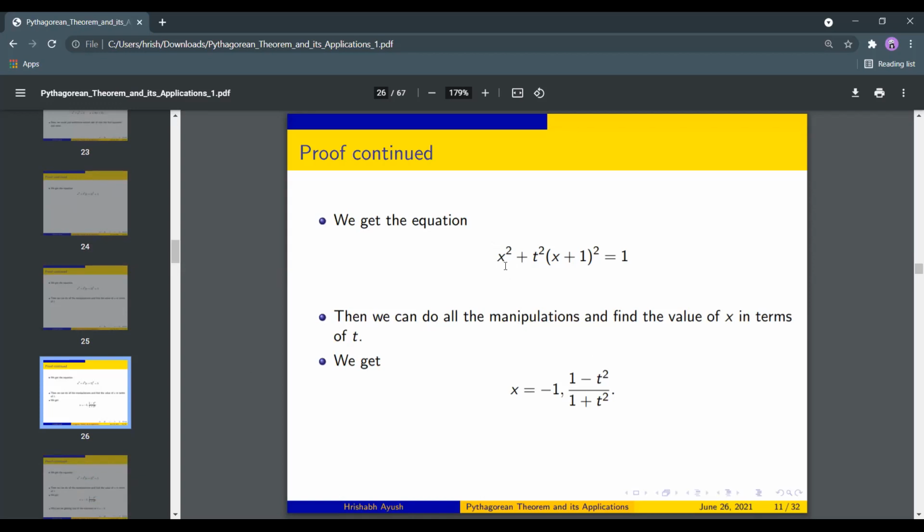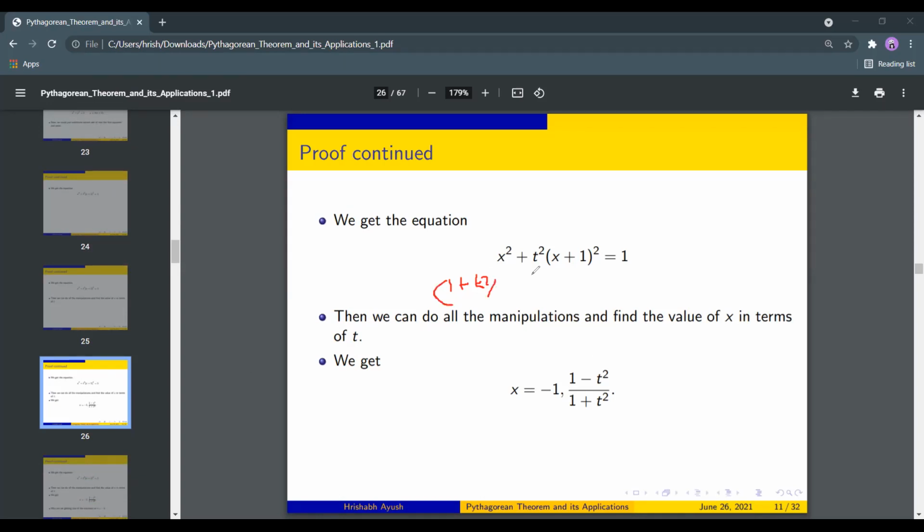So here we have x square plus t square. I'll just give you an idea quickly. So let me write it. You have this equation. I'll just write the equation and you can do the manipulations later.